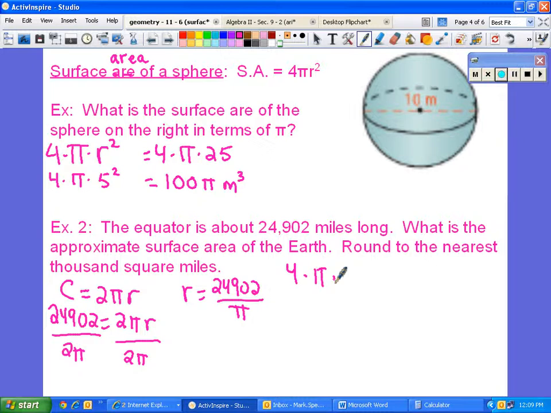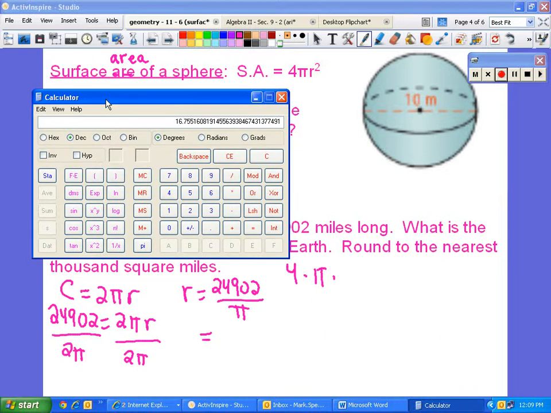Actually, you know what? The book does plug it in, but I don't think you need to. But you can if you want to. The book does. So if we do 24902 divided by pi, you get that.